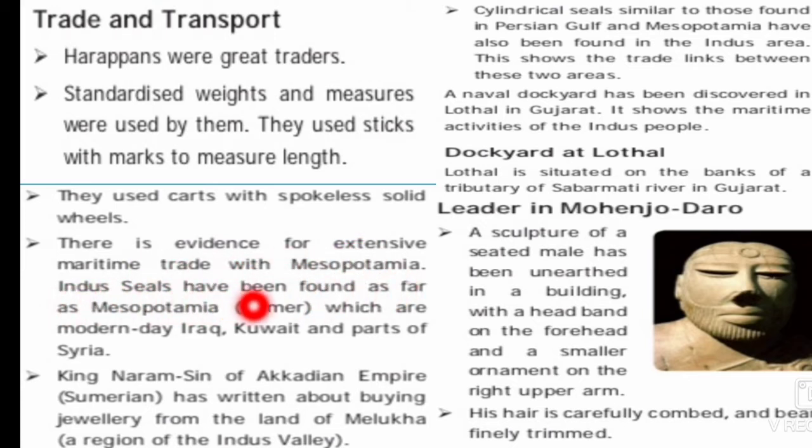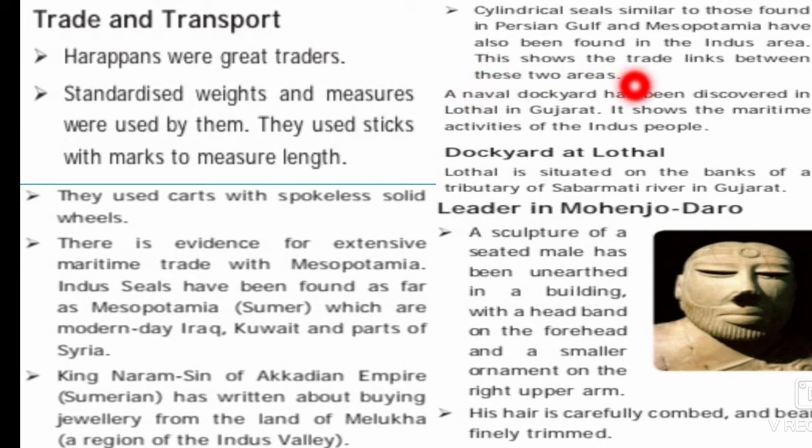Indus seals have been found as far as Mesopotamia, which is modern-day Iraq, Kuwait, and parts of Syria. King Naram-Sin of the Akkadian Empire has written about buying jewelry from the land of Meluhha. Cylindrical seals similar to those found in the Persian Gulf and Mesopotamia have also been found in the Indus area.